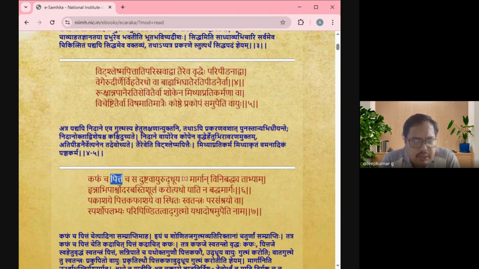Dushta vayu ruddhuya margan vinibadya tabhyam. So these may cause spasm, heavy expansion, or abnormal peristaltic movements. So anything can happen. Margan vinibadya, so there may be obstruction in the margas.